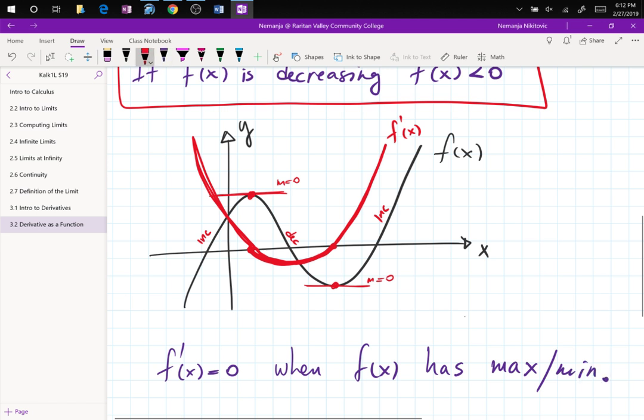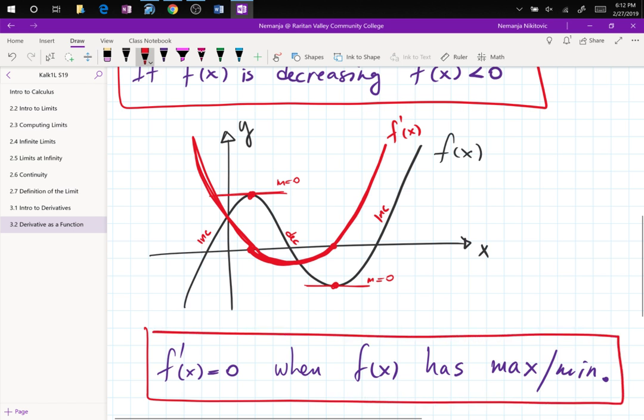So this is your next key point to understand. And as I said, this is coming back in chapter 4, coming back Calc 2, Calc 3, differential equations. You absolutely must know these relationships.